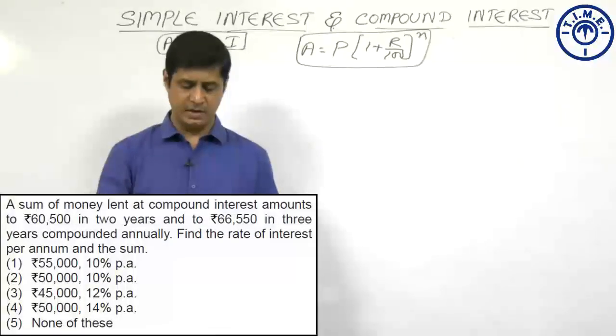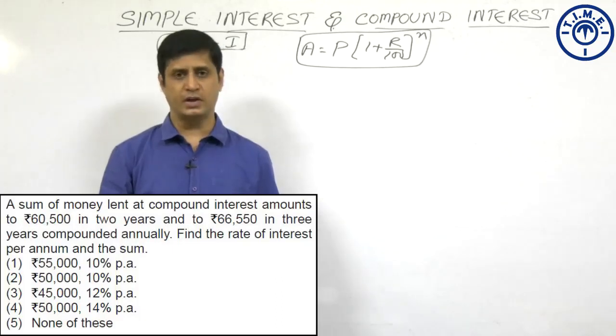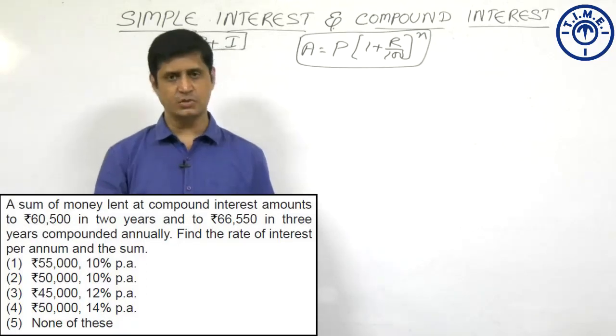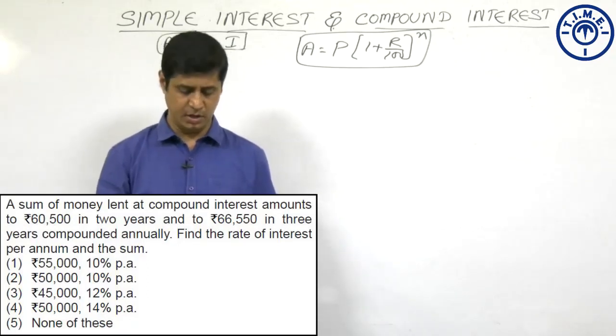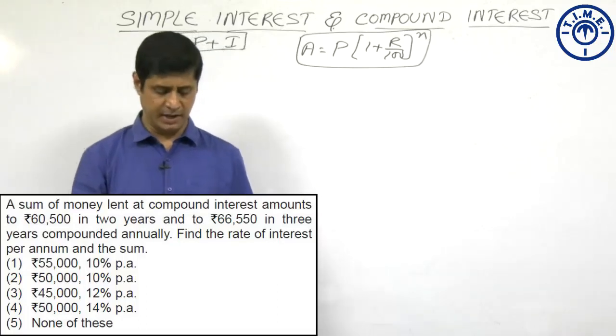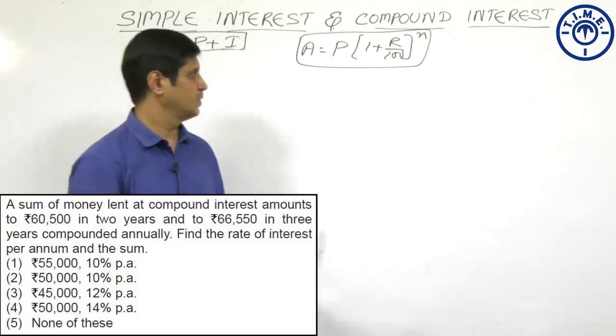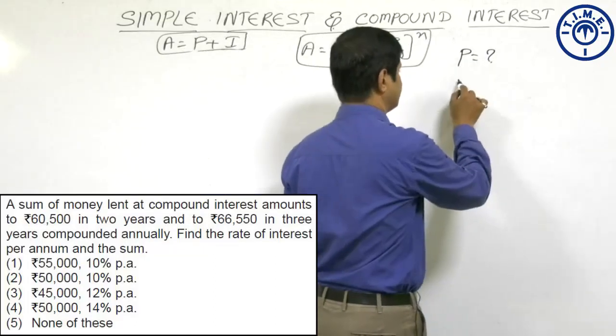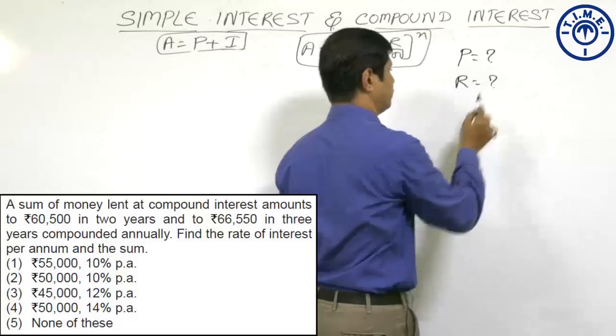A sum of money lent at compound interest amounts to rupees 60,500 in 2 years and to rupees 66,550 in 3 years compounded annually. Find the rate of interest per annum and the sum. Now, the principal value as well as the rate of interest are to be found.